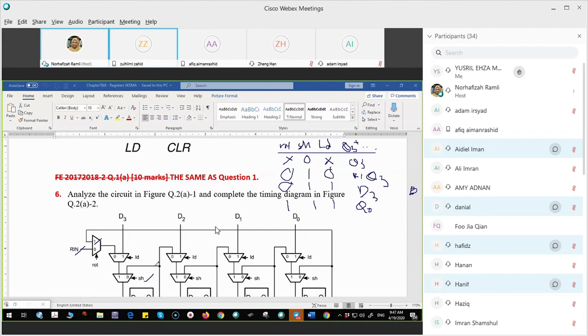So this one will take from D to 000. Now if here is 1, load, only if this is 1, this is 1, this one now is taking from Q0. But Q2 is taking from D2 data, right? D2, D1, D0. All the others follow, right?